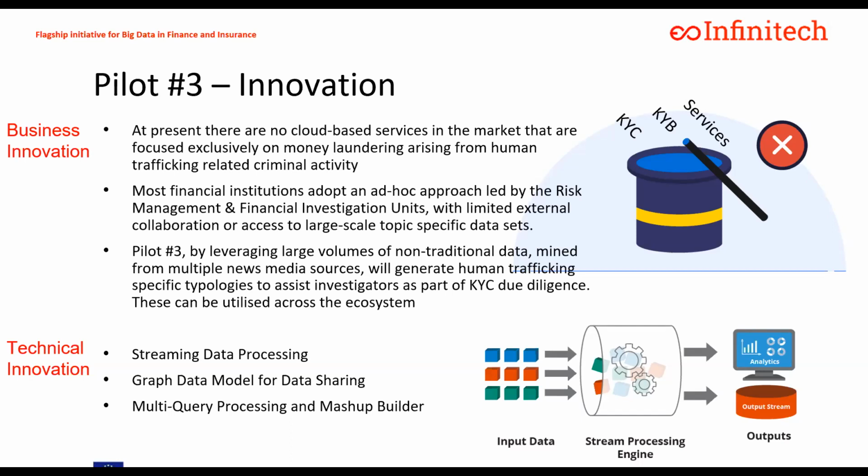Pilot 3, on the other hand, has an ability to take in and absorb an awful lot of non-traditional data. In the case of human trafficking, we're taking in vast amounts of news media, and we use that to help enhance typologies that sit across transaction data.